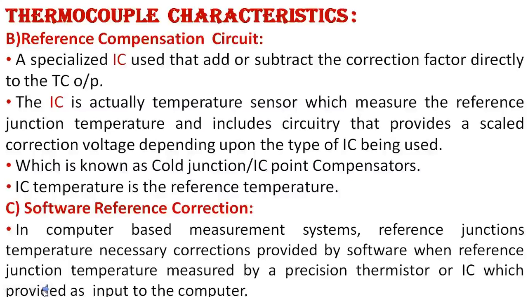The IC temperature is the reference temperature. Third one is the software reference correction. In a computer-based measurement system, the necessary correction for reference junction temperature is provided by software when the reference junction temperature is measured by a precision thermistor or IC which is provided as input to the computer.